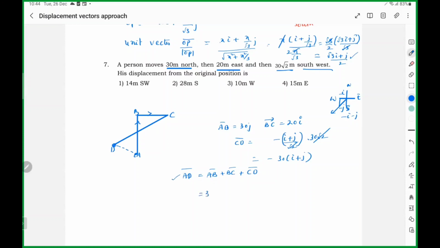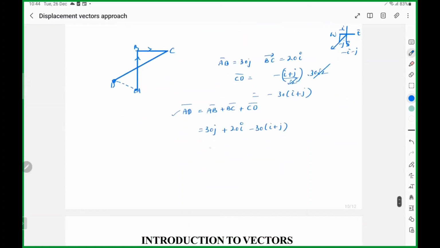AB here is 30J, 20I minus 30 times I plus J. 30J gets cancelled, minus 10I. So the final displacement is 10 meters, west, minus I, towards west.